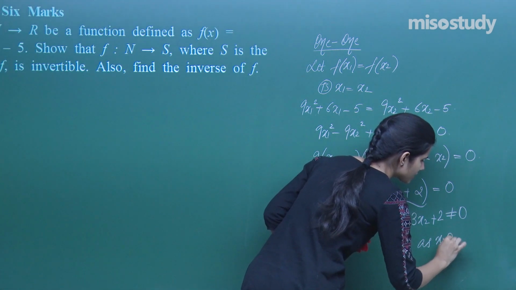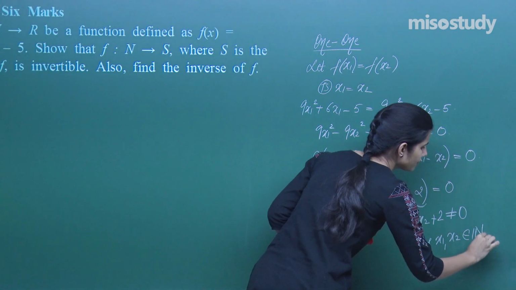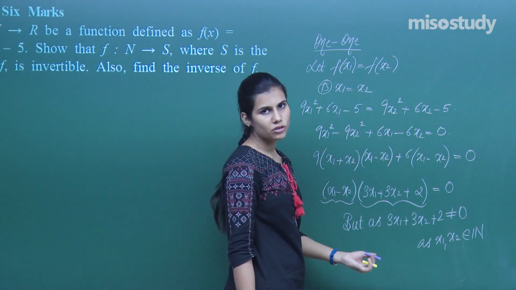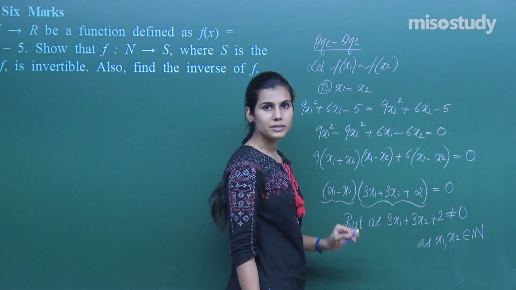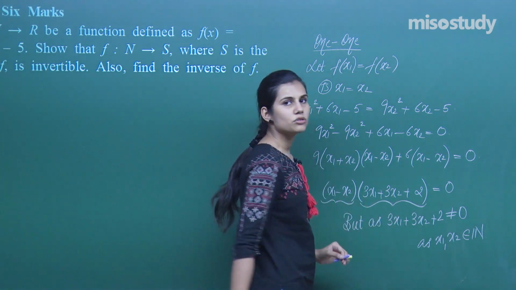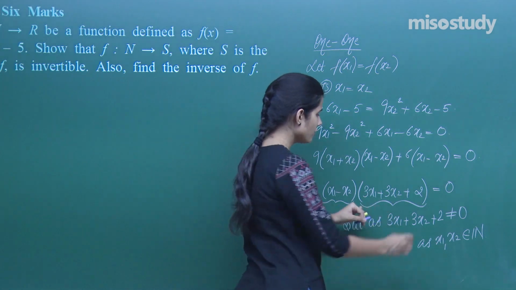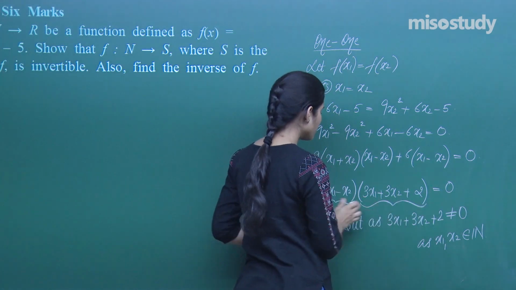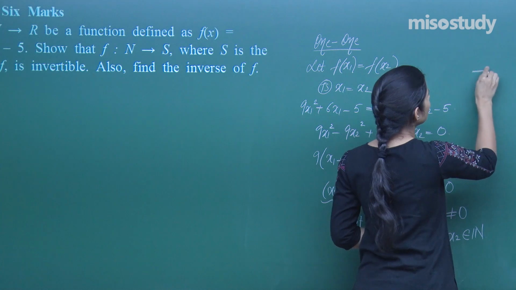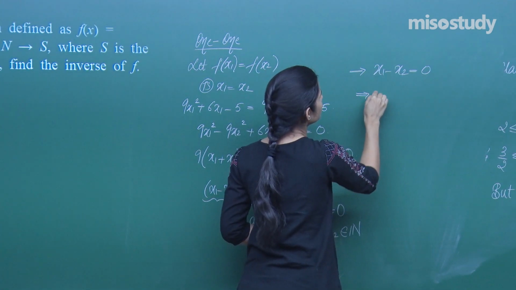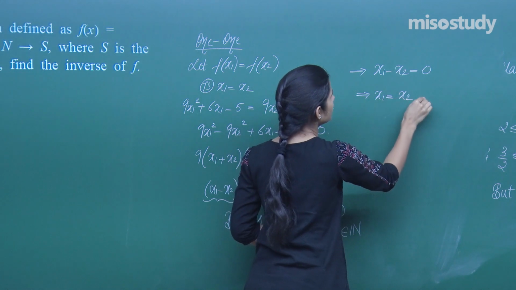As x1 and x2 are coming from the set of natural numbers, they can be at minimum 1. Maximum they can be any non-zero number, but they can themselves never ever be 0. So this entire quantity can never be 0. There is plus everywhere. If this is non-zero but its product with this is 0, that means this has to be 0. So this implies x1 minus x2 is for sure 0, which implies x1 is equal to x2.